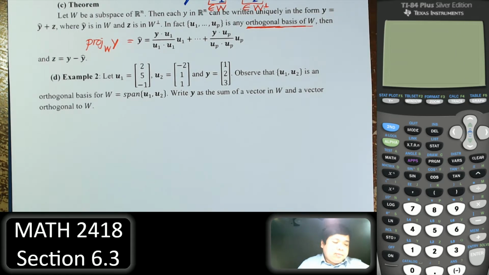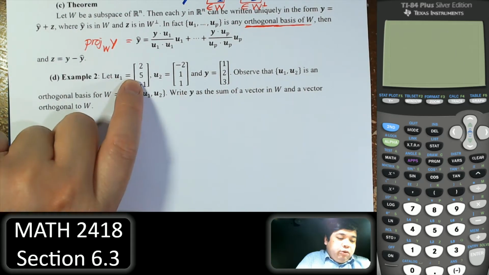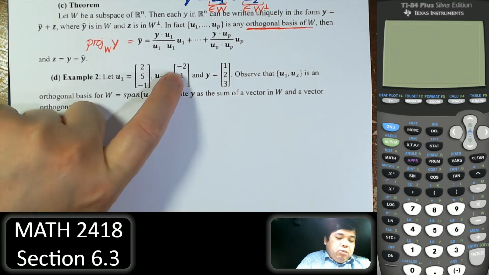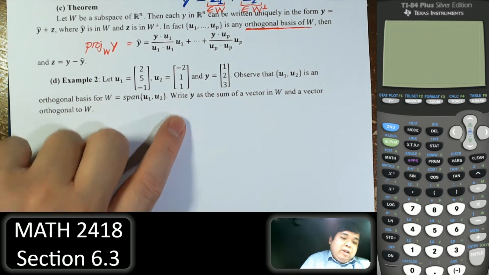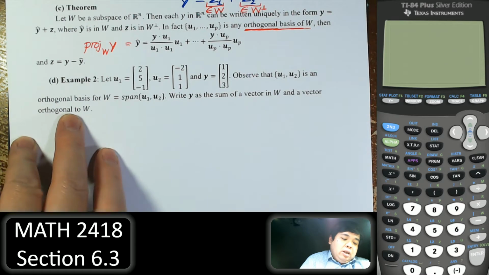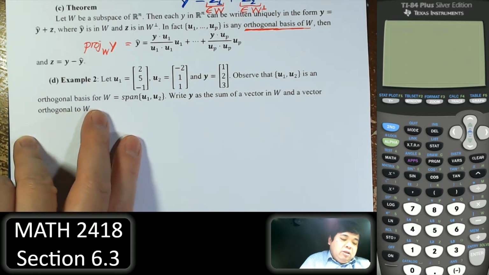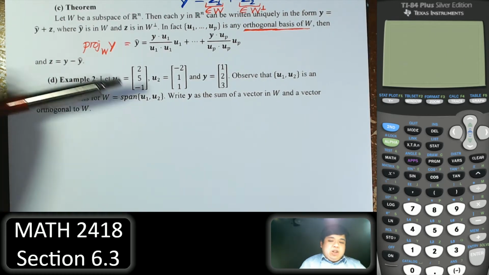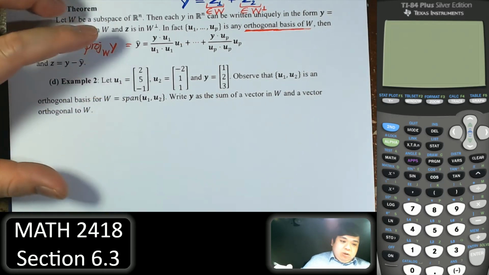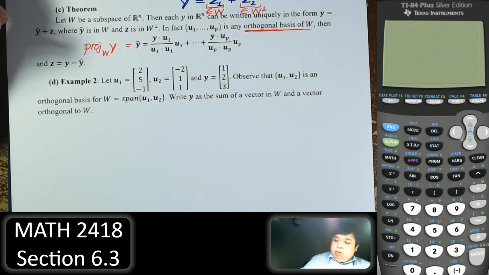Let's look at our first example here. Let u1 be 2, 5, and negative 1, and u2 be negative 2, 1, 1, and y is 1, 2, 3. Observe that u1 and u2 form an orthogonal basis for W spanned by u1 and u2. Of course, we can check real quick by doing the dot product of u1 and u2.